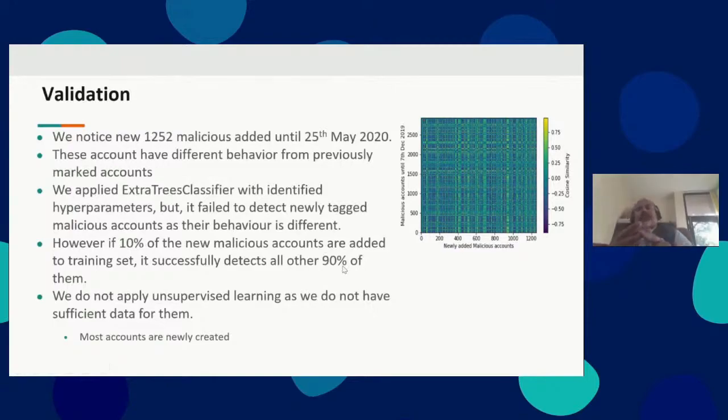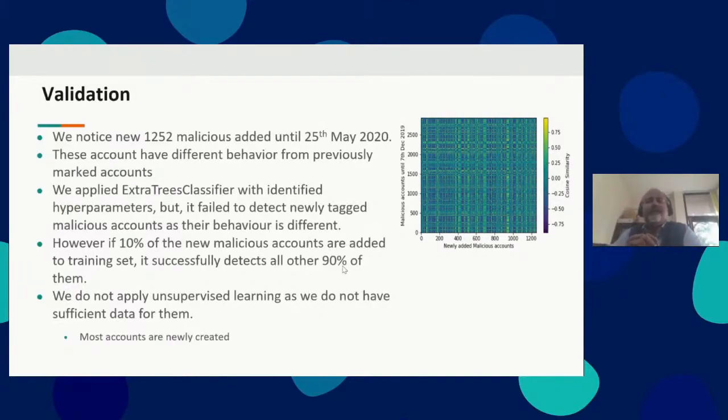What that means is that the behavior of maliciousness is also very much changing. What we learned is that the behavior as malicious or non-malicious changed over time, because these guys are also behaving differently, or they came up with new ways of being malicious other than Ponzi schemes or phishing, etc., because they are being marked by Etherscan.